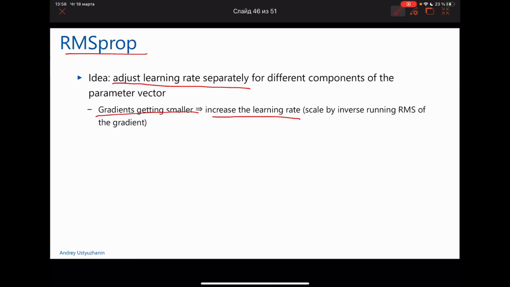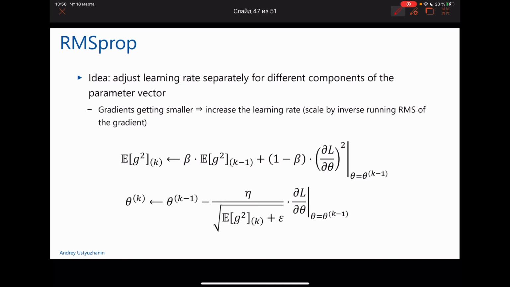That means that we can make more meaningful steps and go through the flat regions of our loss function valleys. And here is a little bit of math on how those gradients are estimated.